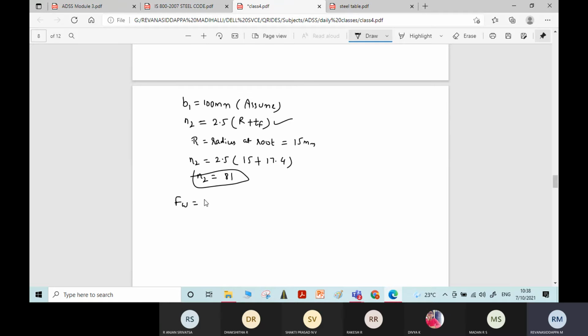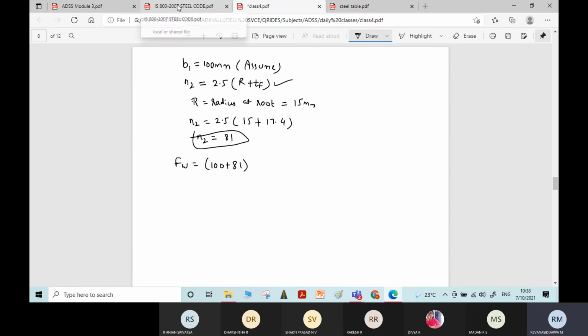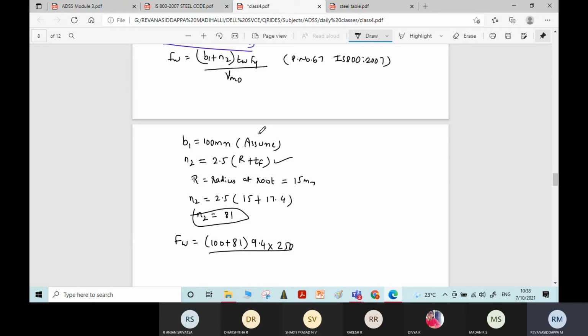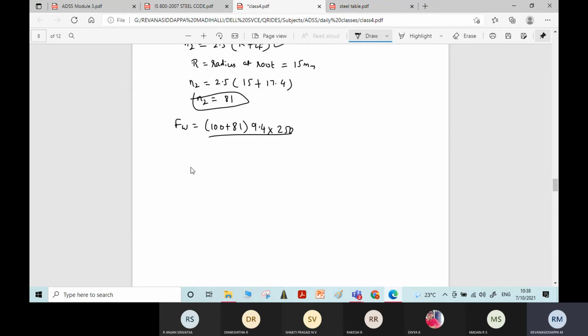Therefore, Fw is equal to (B1 plus N2) into tw into fy divided by gamma m0. B1 is 100 plus N2 is 81. Thickness of web is 9.4, correct? Thickness of web is 9.4 into fy is given as 250, whole divided by gamma m0 of 1.1.